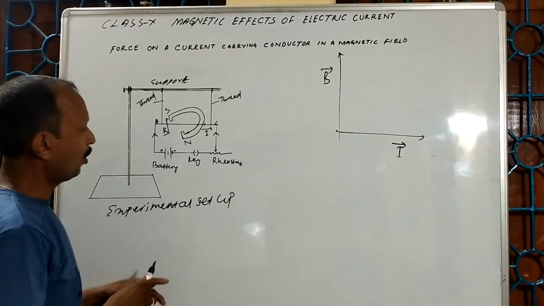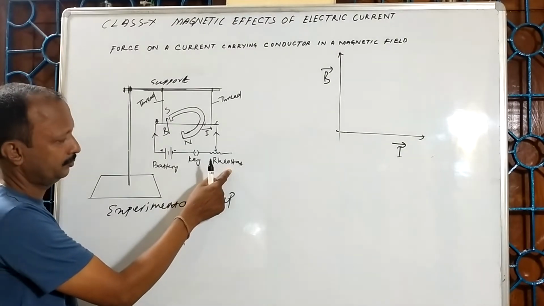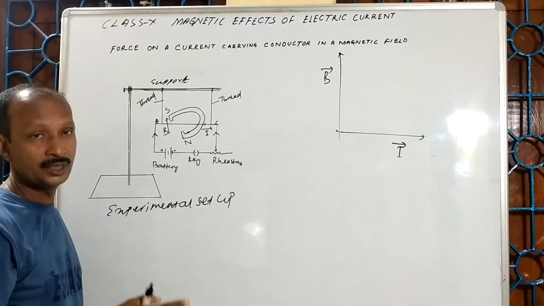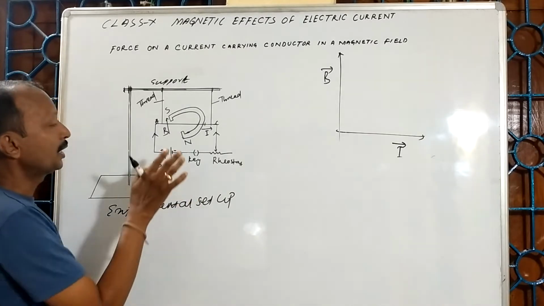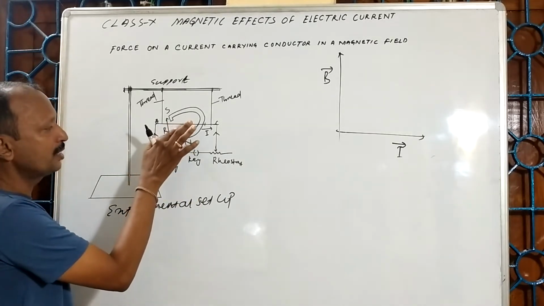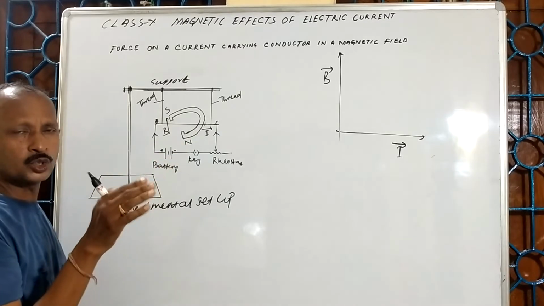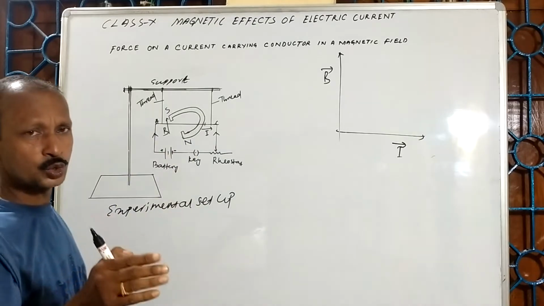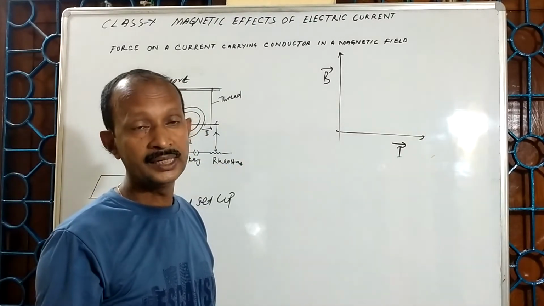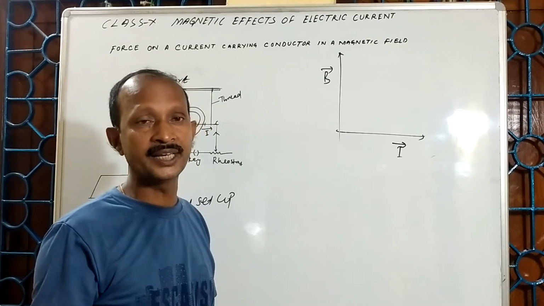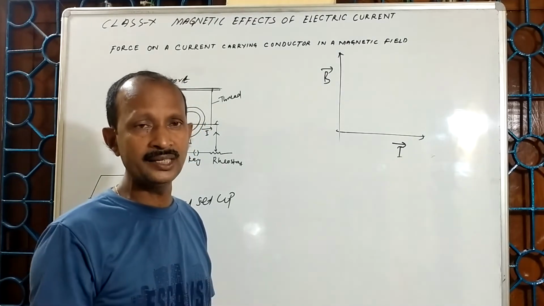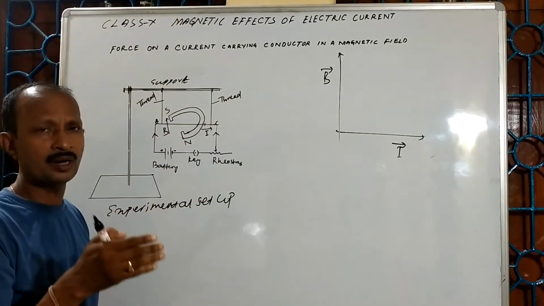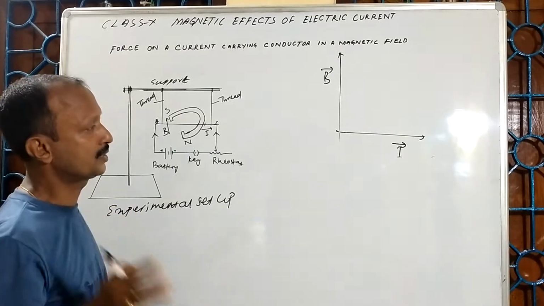If we adjust the rheostat in such a manner that the amount of current increases, then definitely the force experienced by this current carrying conductor will also increase. The current carrying conductor also behaves like a magnet. Its surrounding also has a magnetic field. When current increases, the strength of the magnetic field created due to this current carrying conductor also increases.